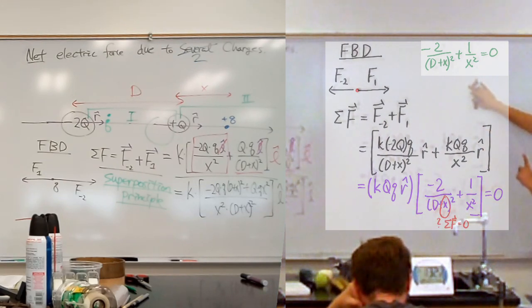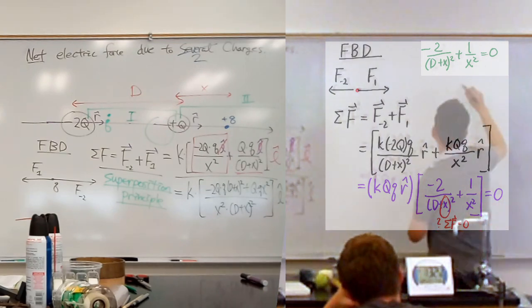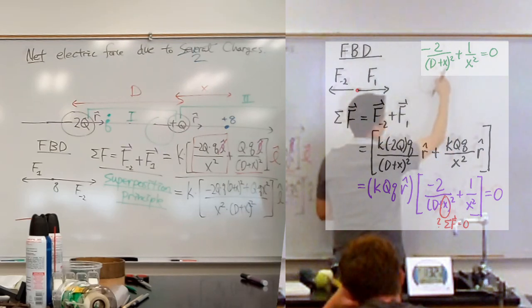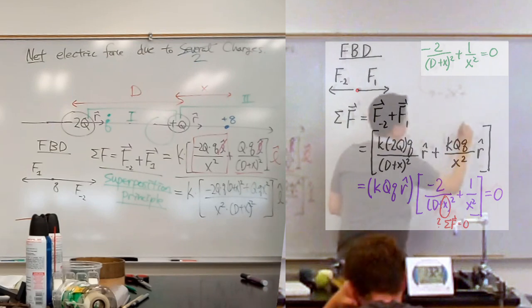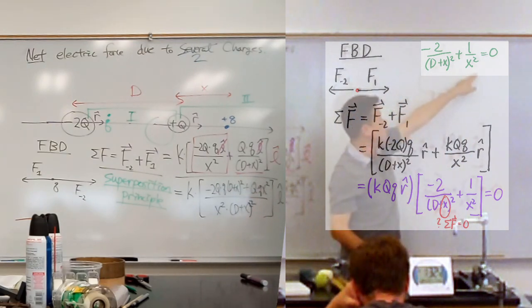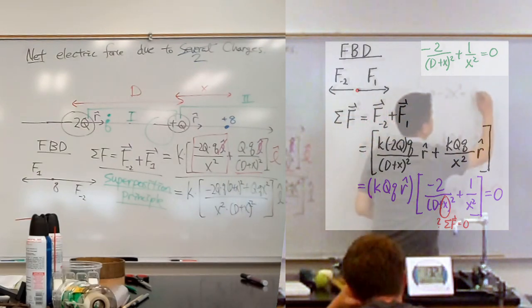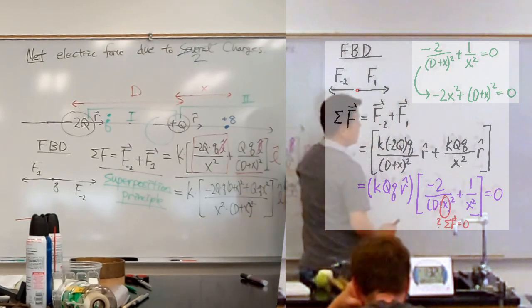I feel like the easiest way to simplify this is to multiply through by this and this. Then you end up with minus, so this cancels out, so I get minus 2x squared plus, and when I multiply through by this and this, x squared cancels out, and I get this. Right? So plus (d plus x) squared is equal to 0.